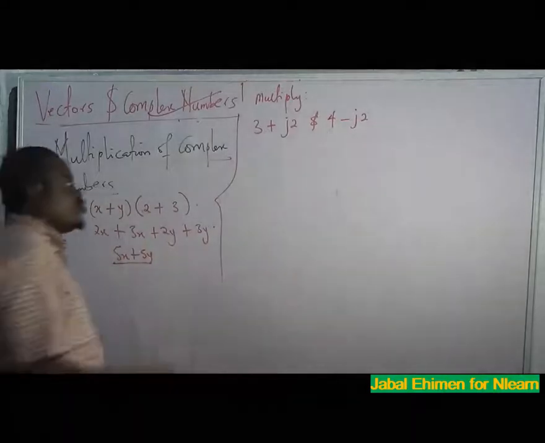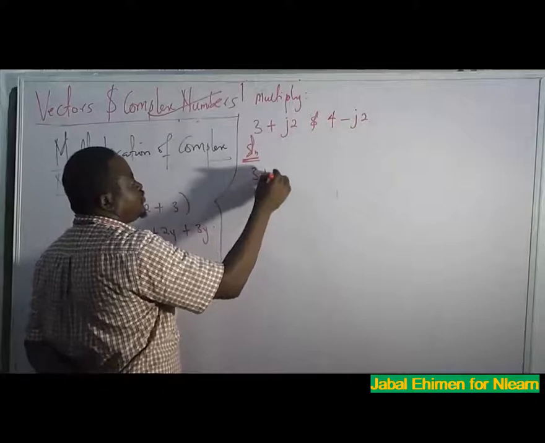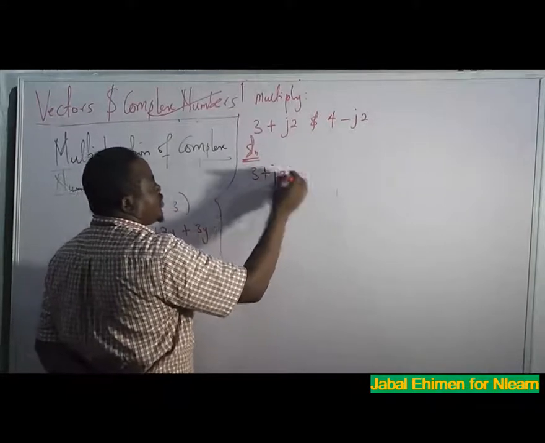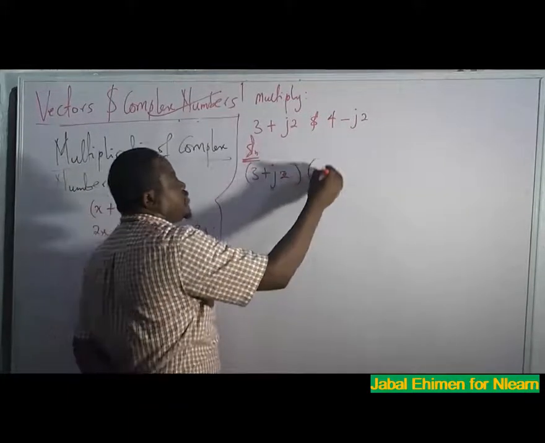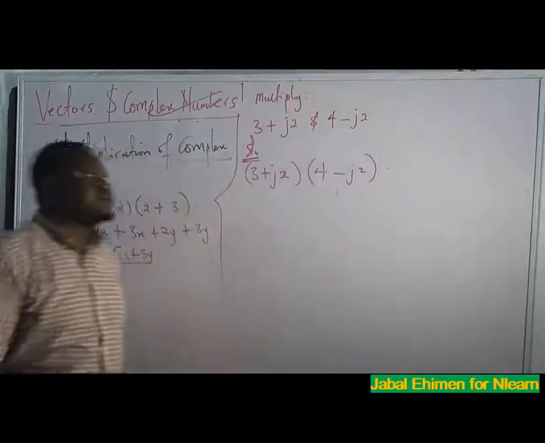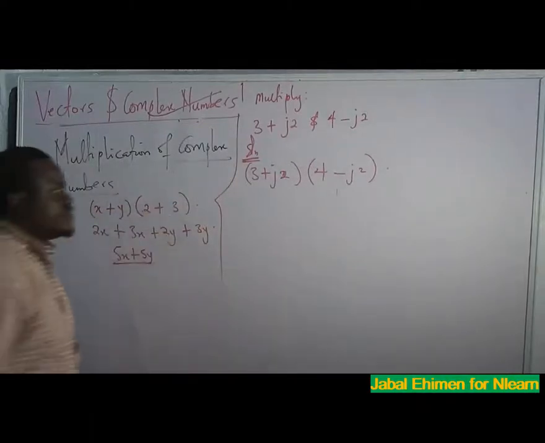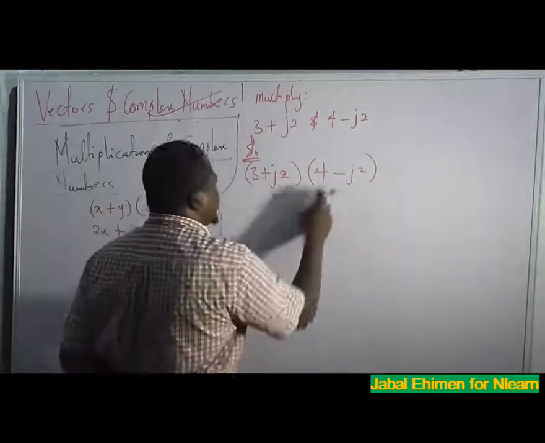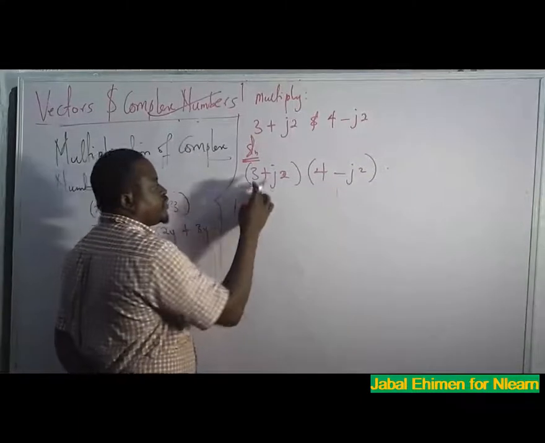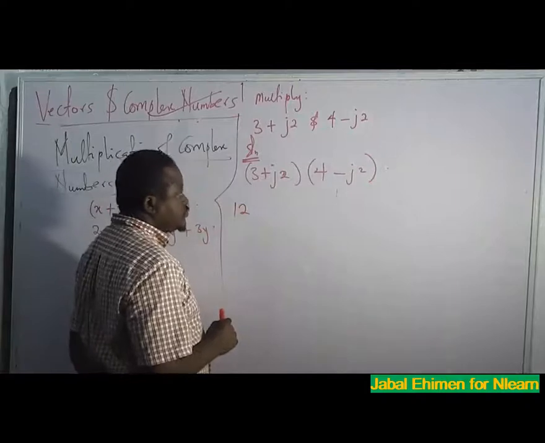You're having these two. So the solution to this is simple. 3 plus J2 into bracket 4 minus J2. There are two ways of doing that. Either you distribute them or you multiply them directly like this. Let's multiply them directly. 3 times 4, 12. 3 times J2.